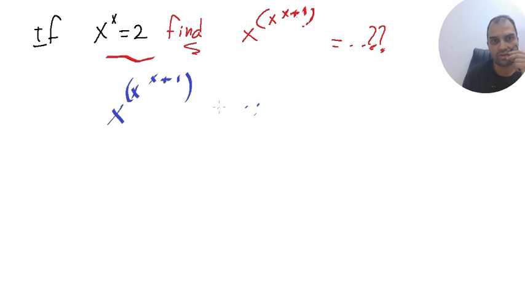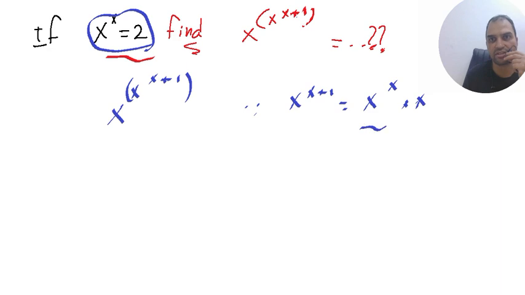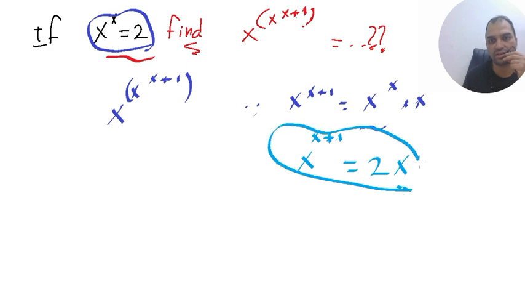Such that we have x power x plus 1 equivalent to x power x product by x. It gives me the value of x power x equal to 2. Then x right here, 2 product by x. So x power x plus 1 is equivalent to 2x.